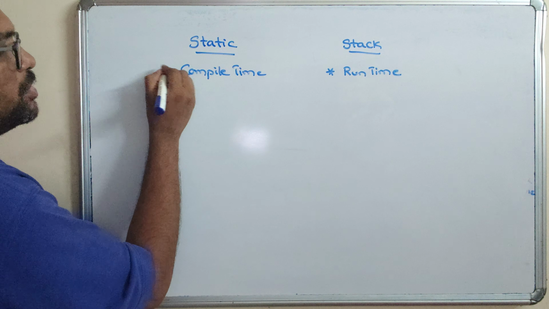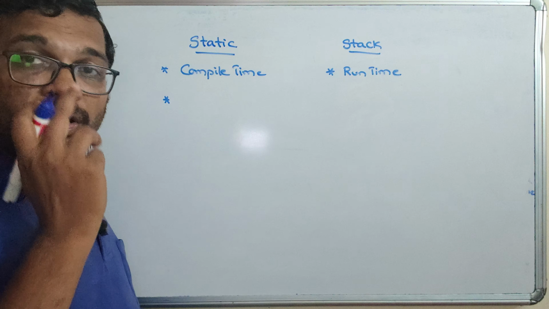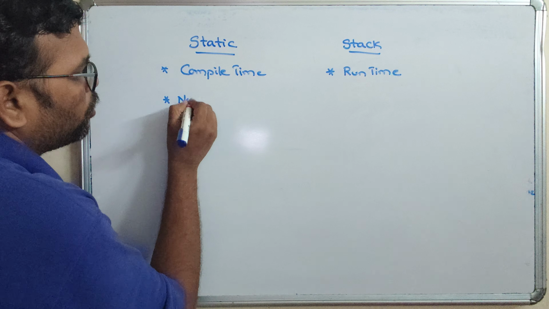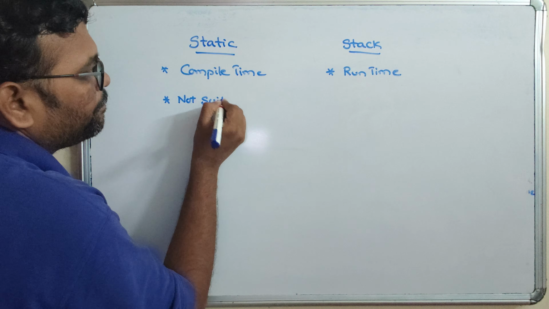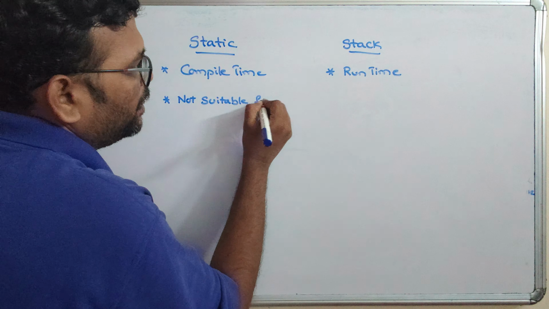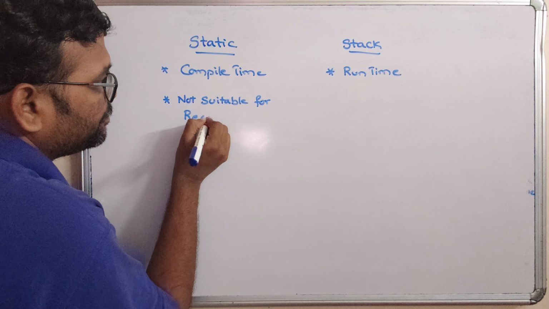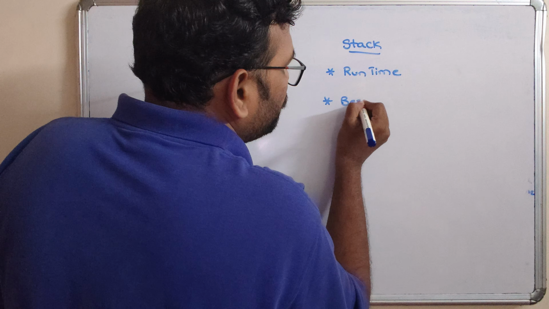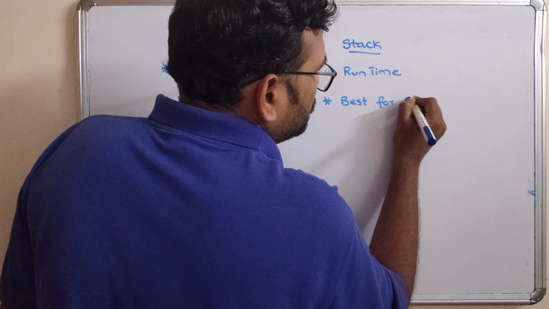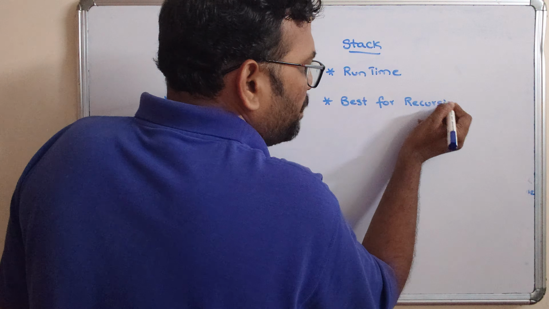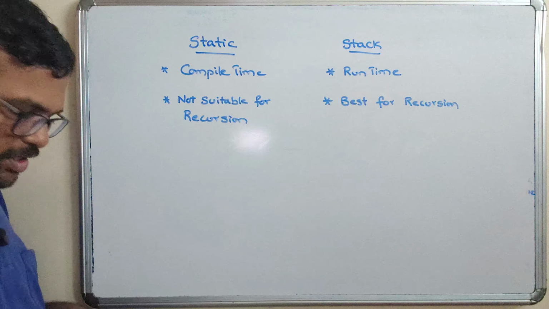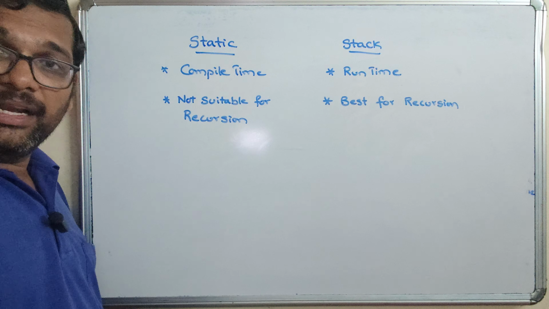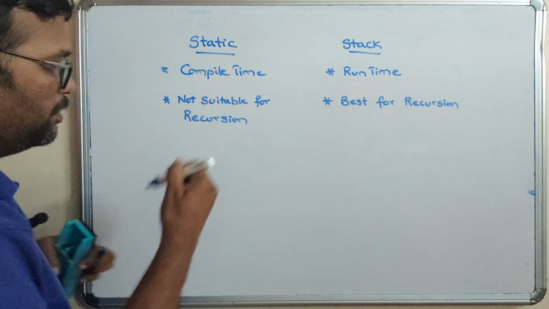Here, the limitation of static allocation is that it is not suitable for recursion, and stack allocation is the best option for recursion, because memory is allocated and deallocated during runtime for every function call.